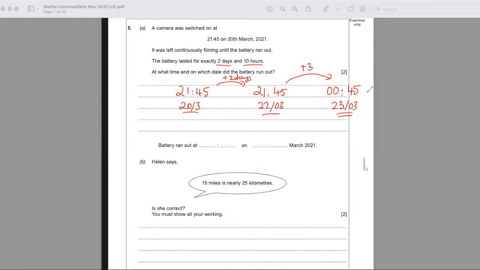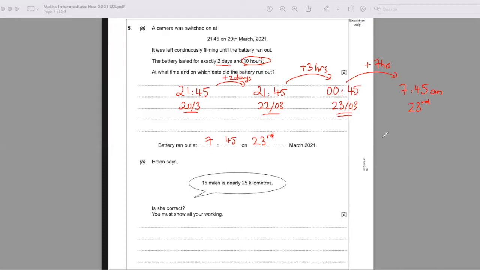The minutes stay the same. So that's 3 hours. Now you still need another 7 hours because you got 10 hours. So that would give you 7:45, and that in the morning, on the 23rd of March. So 7:45 on the 23rd of March.